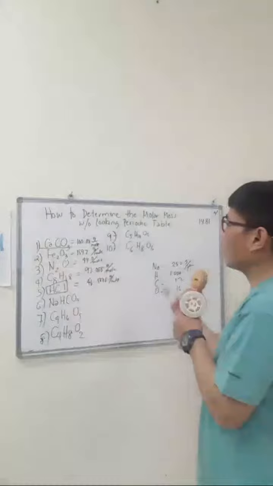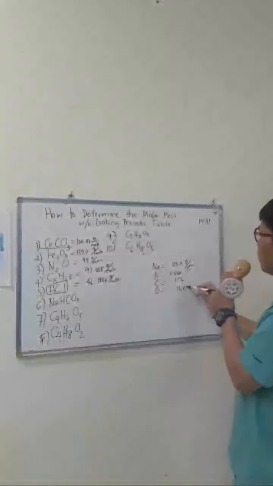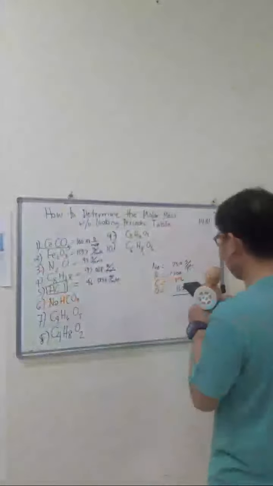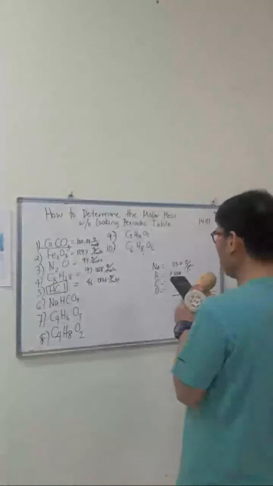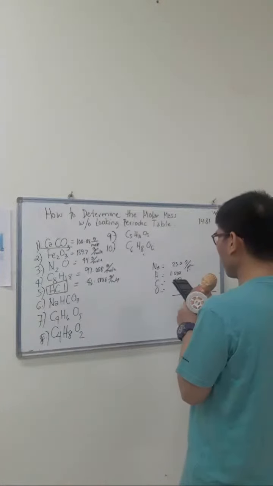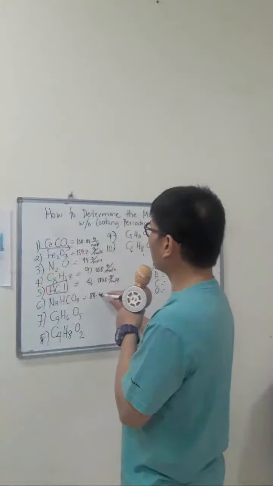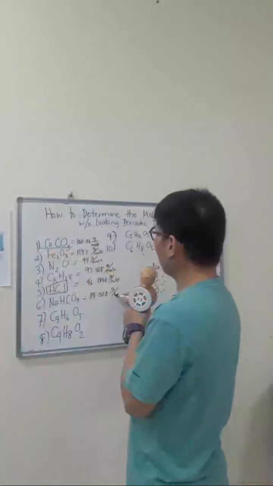There's a subscript in oxygen, so 16 times 3 is 48. Calculator, please. 48 plus 12 plus 1.008 plus 23 is 84.008 grams per mole.